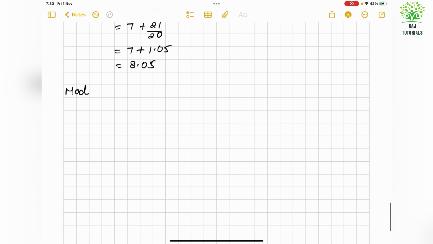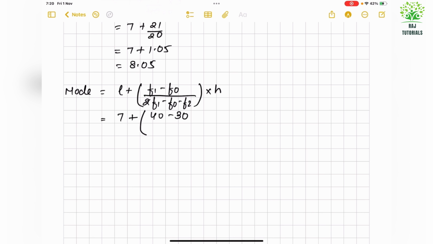Now for mode, formula is L plus f1 minus f0 upon 2 f1 minus f0 minus f2 into h. So this will be 7 plus 40 minus 30 upon 2 into 40, so 80 minus 30 minus 16, into h is 3.